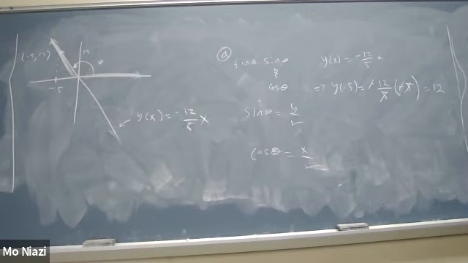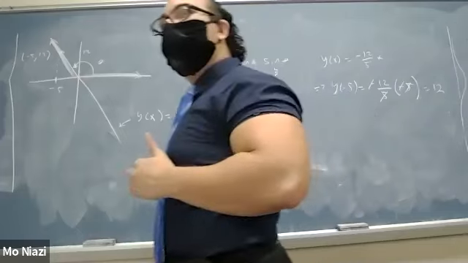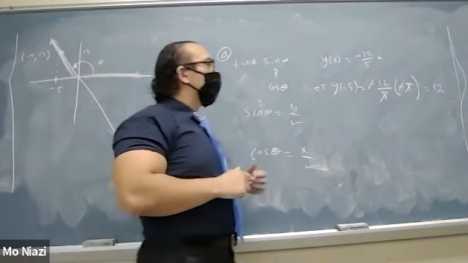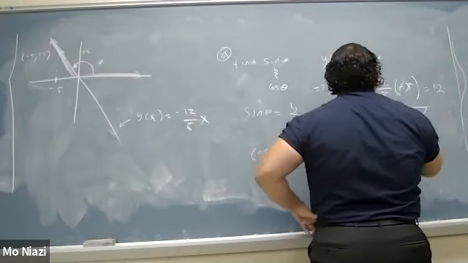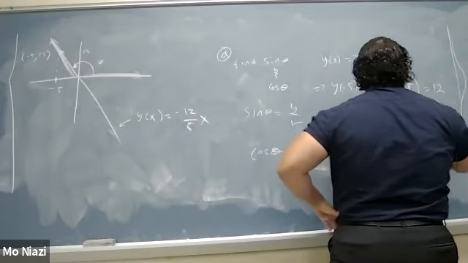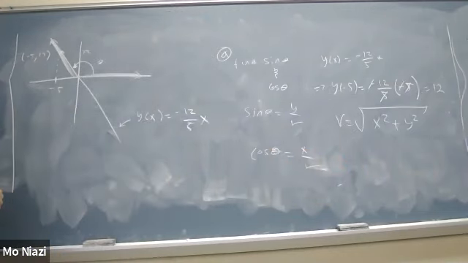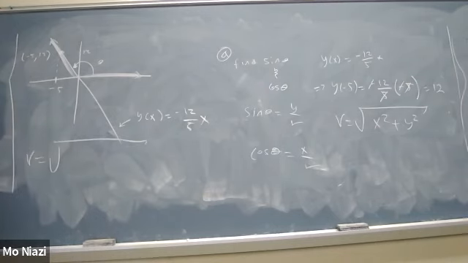Because now that we found that, we can find r. Because now we know an x and a y, don't we? And how do we find r? The what theorem? Yes, the Pythagorean theorem. R is square root of x squared plus y squared. So let's find r. What is r? Square root of what squared? -5.